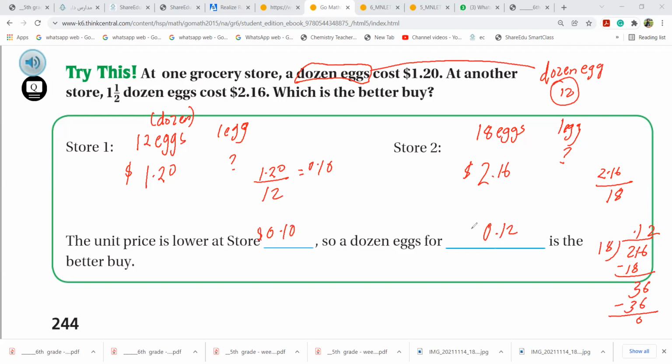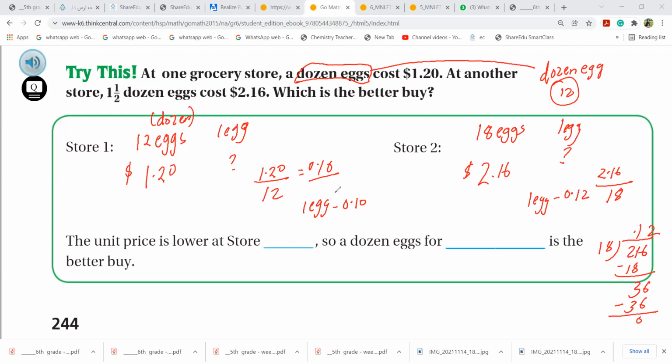Tell me, which one is better to buy? Which one is less? No, you have seen the cost of 1 egg. The 1 egg cost here 0.10. And here 1 egg is 0.12.